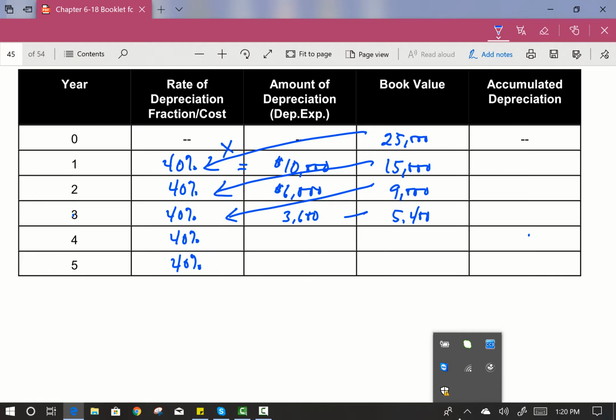Then I'll take 5,400 times 40%, or 0.4, which will give me 2,160. Now whenever I subtract 2,160 from 5,400, that's going to give me 3,240.